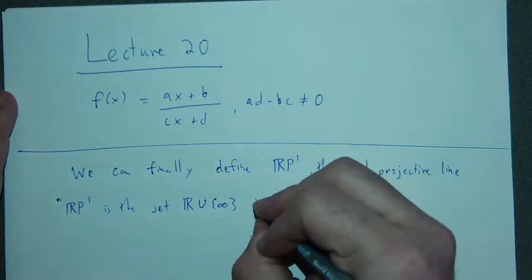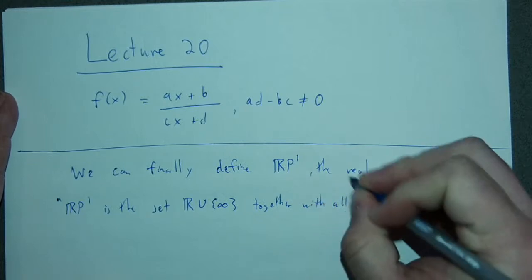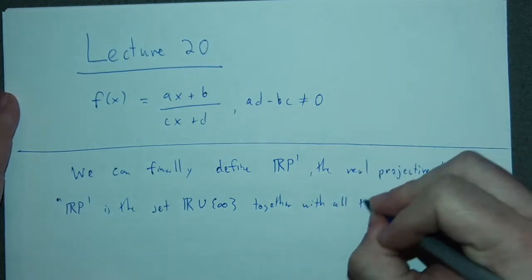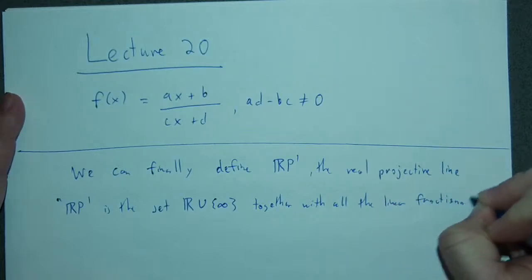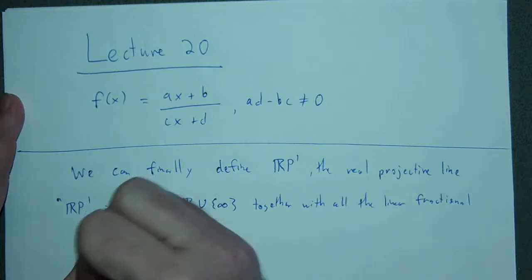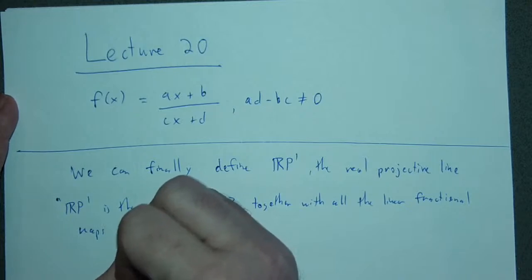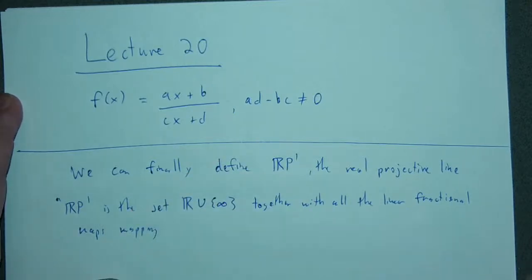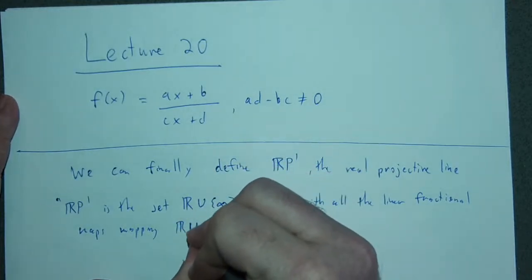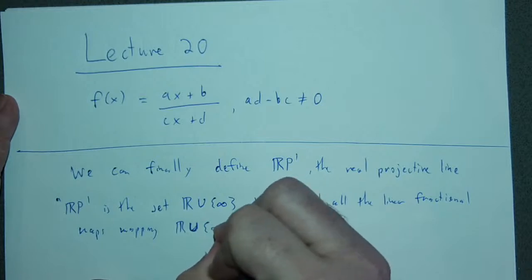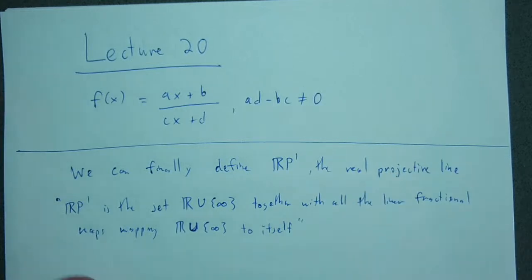Together with all the linear fractional transformations, so all the linear fractional maps mapping R union this point at infinity to itself.